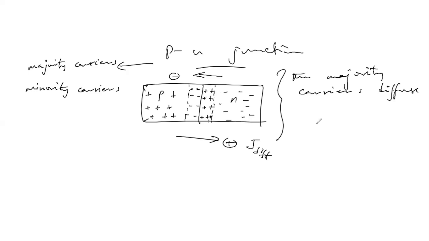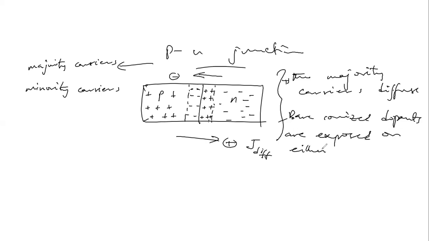So the next point I want you to take note of here is that bare ionized dopants are exposed on either side of the junction. Positively charged donors on the n side and negatively charged ions or acceptors on the p side.